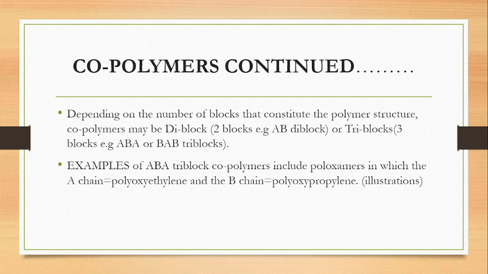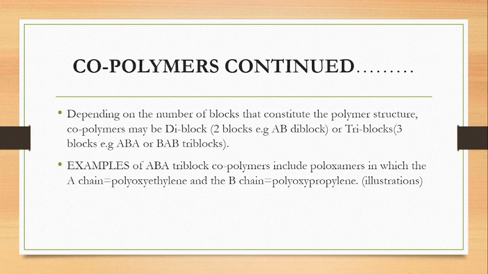They include what we call the poloxamers, in which the A chain is polyoxyethylene and the B chain is polyoxypropylene. So where there is A, you put polyoxyethylene, and where there is B, you put polyoxypropylene.